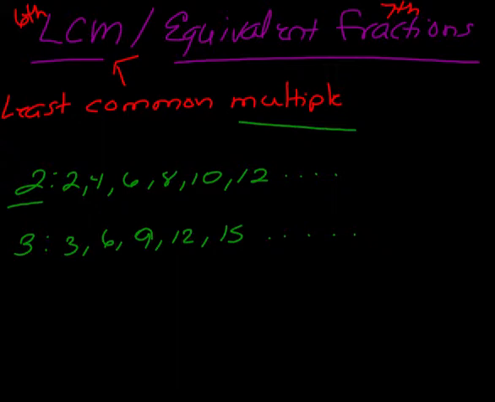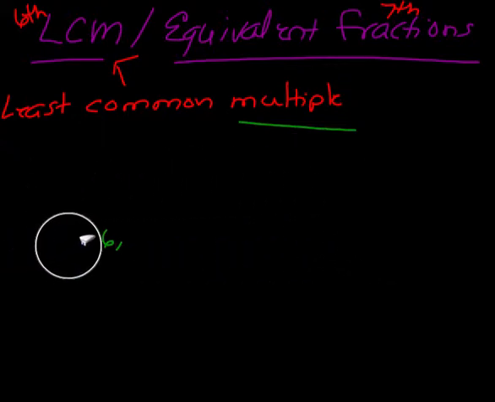Like I said, we have two methods of finding our least common multiple. Method number 1 involves, just like I showed you a second ago, if we have small numbers, let's say I have the number 4 and the number 6.